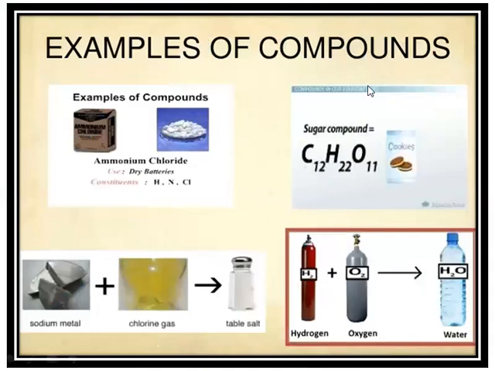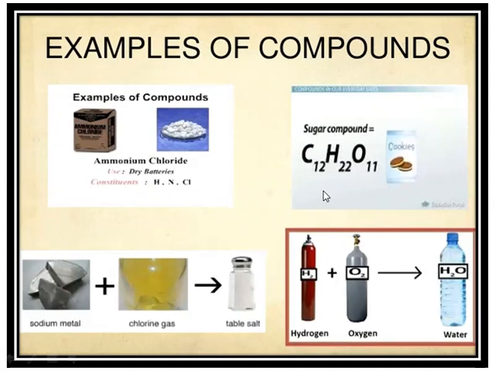Some other examples of compounds are ammonium chloride. The constituents are hydrogen, nitrogen, and chlorine. It is used in dry batteries. The second example is sugar. Its formula is C12H22O11.